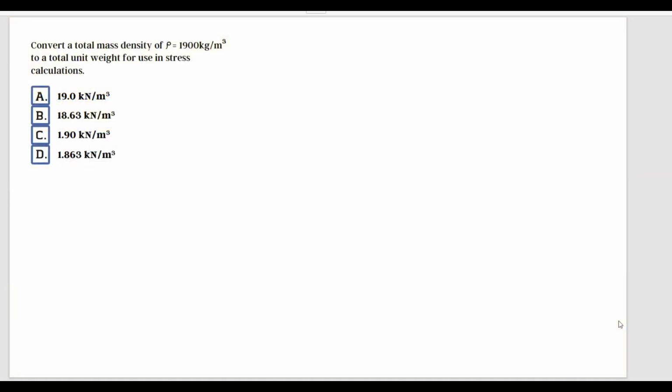Convert a total mass density of 1900 kilograms over meters cubed to a total unit weight for use in stress calculations. So we are given a density of 1900 kilograms per meters cubed, and we have to transform it to a total unit weight. What does that mean?